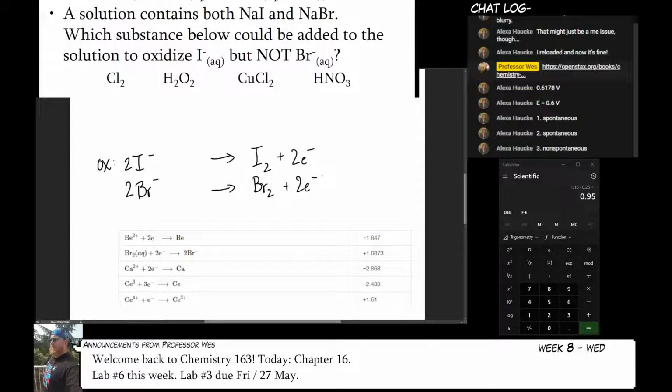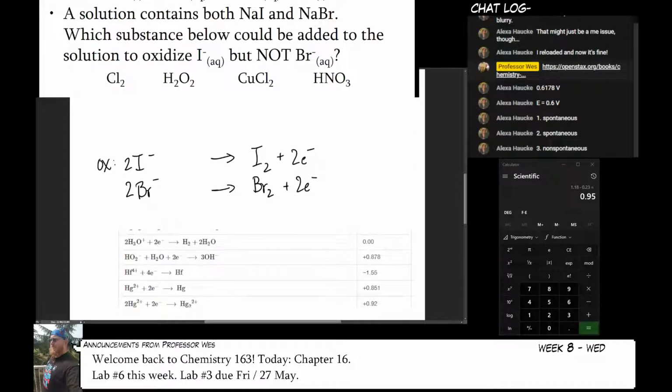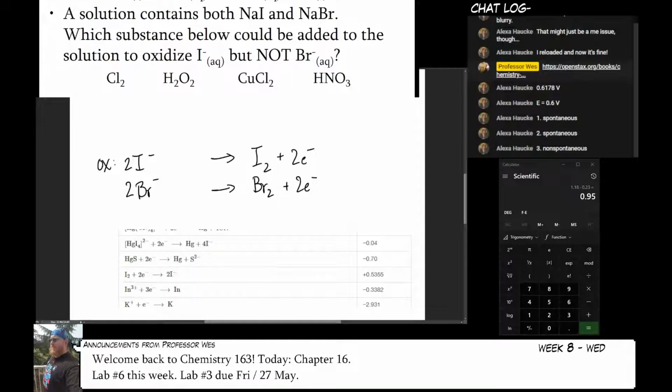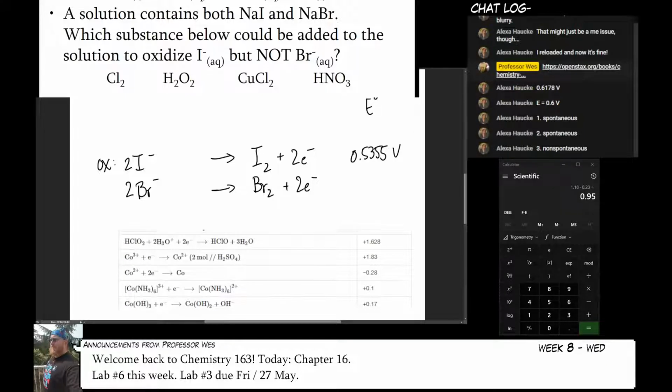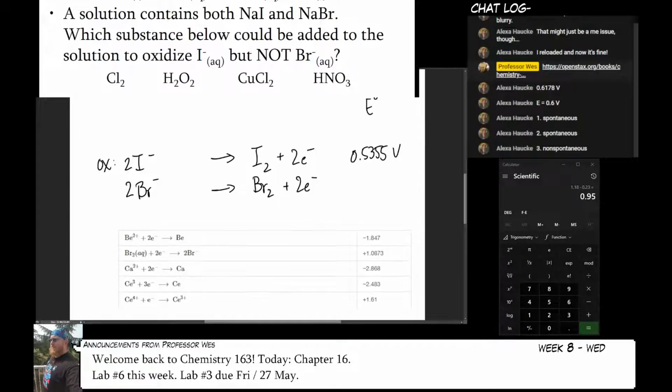So these would be my oxidation reactions that occur with iodine and bromine. One of them is shown right there for bromine. Iodine is identical. I should have written down the voltages for these. So iodine is 0.5355. And then what was bromine? Bromine was 1.0873. Is that an 8 or a 6? I can't tell. 8.